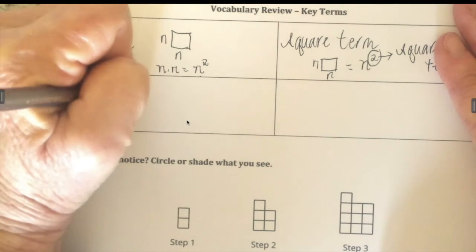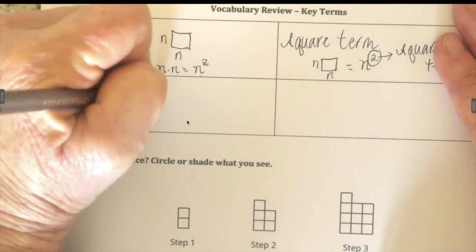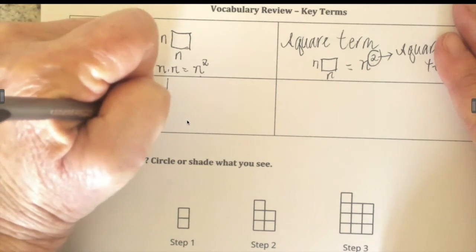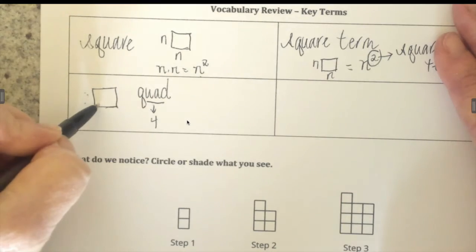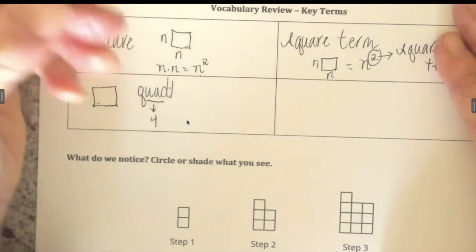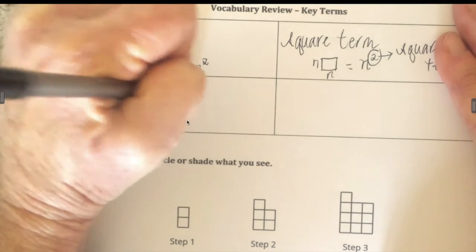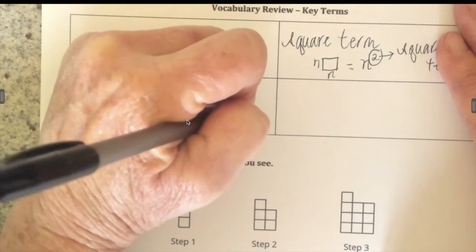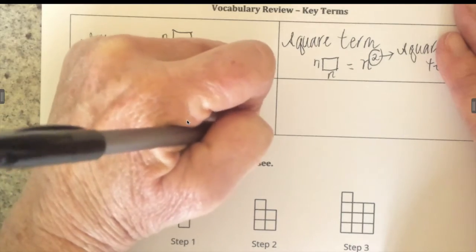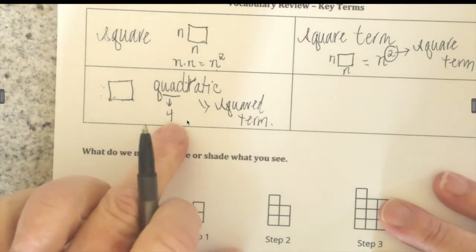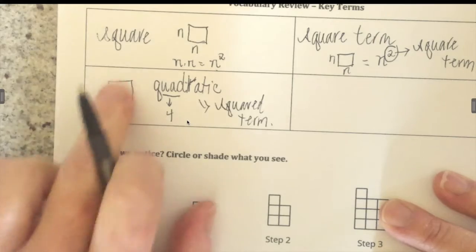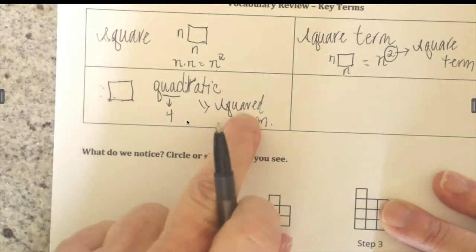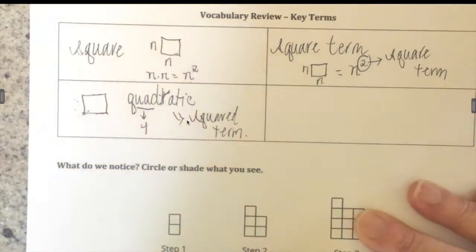Well, quad means four-sided, quadratic means I'm going to be dealing with a squared term. That's where all this comes from. Quadratic is four-sided. It's a square. We're going to be dealing with squared terms in quadratics.